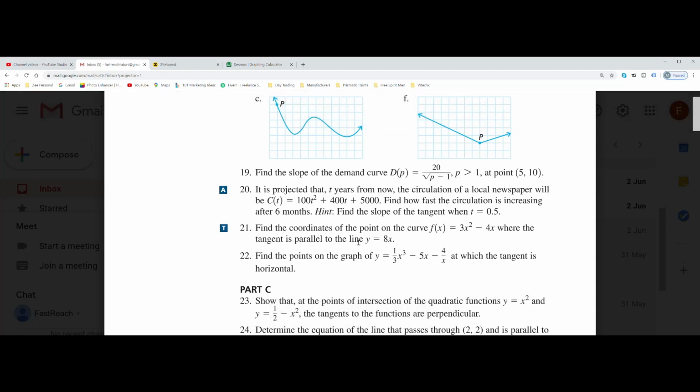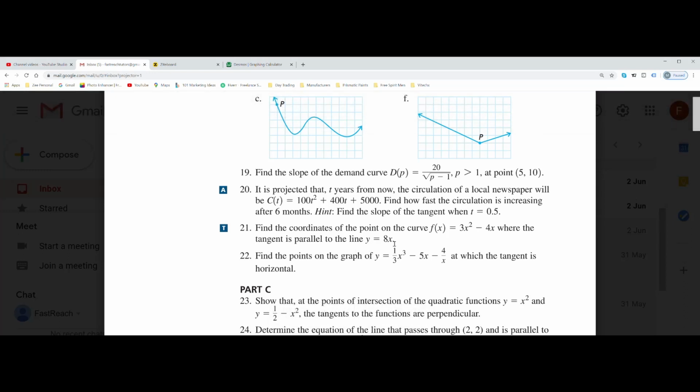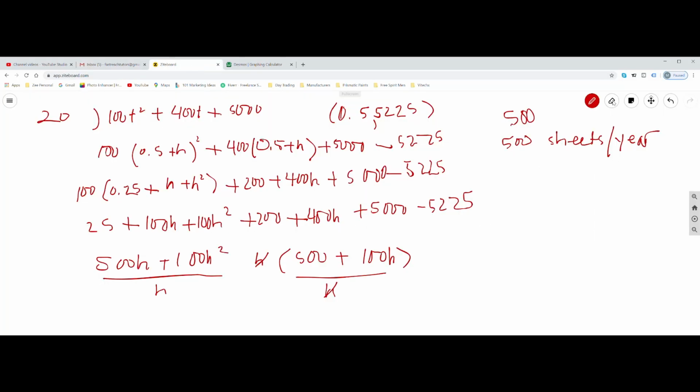Find the coordinates of the points on curve f(x) equals 3x squared minus 4x where the tangent is parallel to line y equals 8x. So what you need to do is we're going to find the slope of this equation.